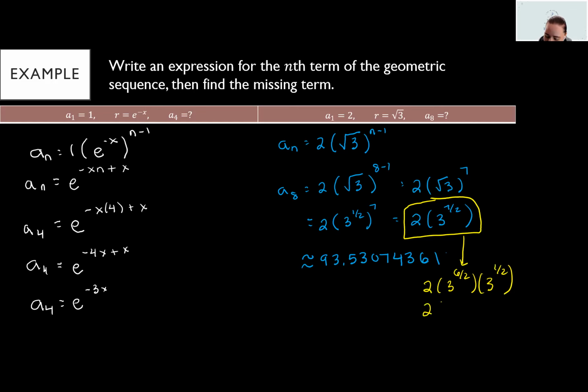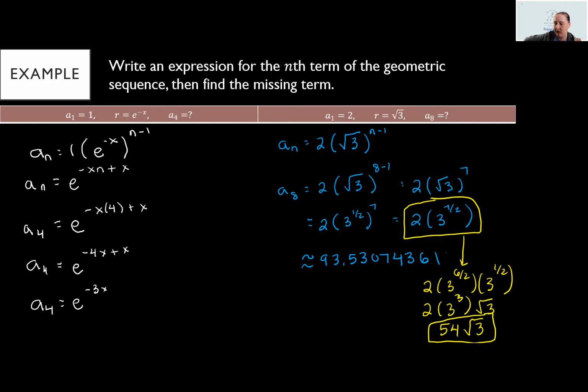So this could be the same as, let's see, 6 divided by 2 is 3, 3 to the 3rd, and then 3 to the 1 half is the square root of 3. So we can actually do 3 to the 3rd, which is 27, times 2. So we could rewrite this as 54 times the square root of 3.